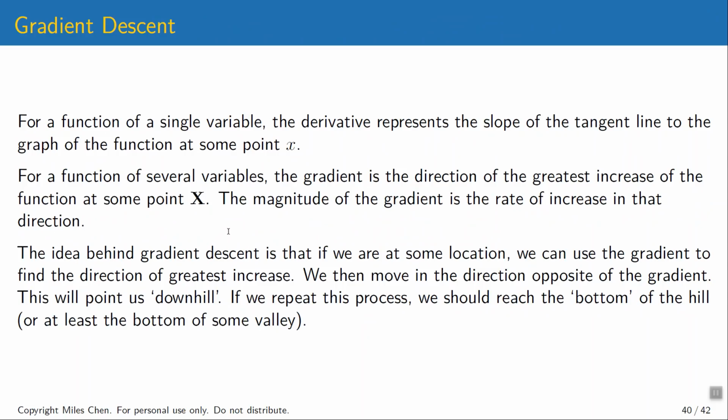Maybe it's a local minimum and not the global minimum, but at least it'll get us down the hill. So the idea is basically you set a ball on the surface and just let it roll. Gravity will bring it down. The gradient always points downhill, and the ball just keeps rolling downhill.